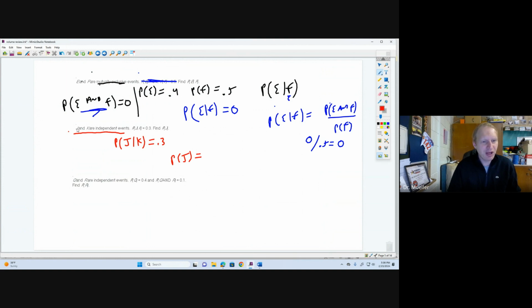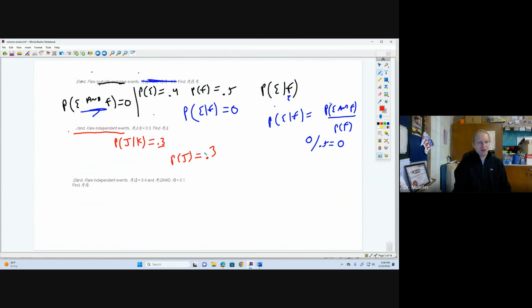So knowing that event K has happened does not change the probability of J happening. Because the probability of J given K is 0.3, the probability of J is also 0.3. Since J and K are independent, having K happen does not increase the chances of J. So the probability of J is still 0.3.